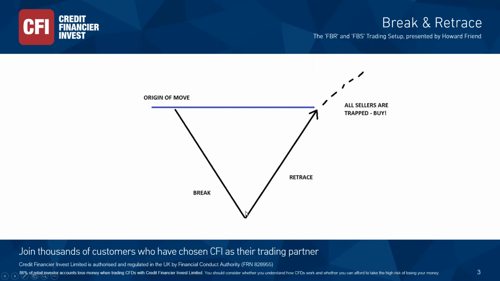But what I'm looking for is for the market to start to retrace higher and then go all the way back up to the point of origin of the breakdown. At that point we know that all of the sellers on or after the break move are trapped, they're underwater, they're losing money, and it's their buying, covering their short positions, which is going to drive the market higher, like this.